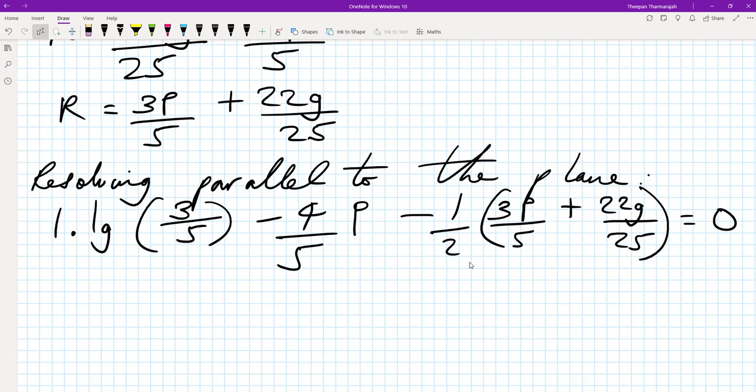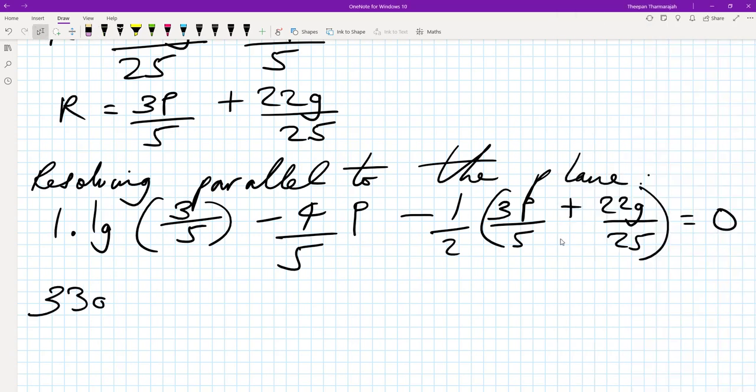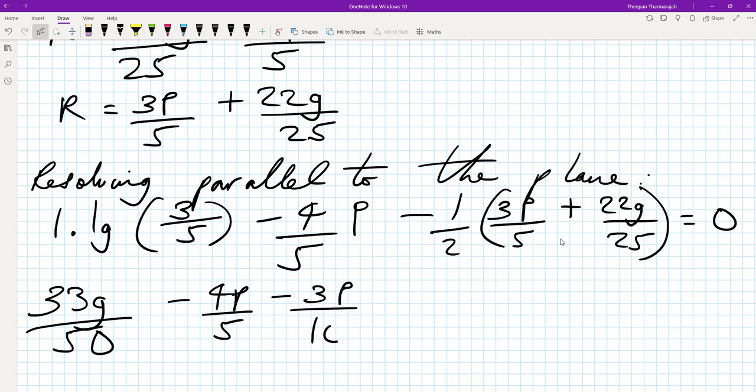So we can say 1.1 times 3/5 is 33 over 50, minus 4P over 5, minus 3P over 10, minus 22g over 50 equals 0.